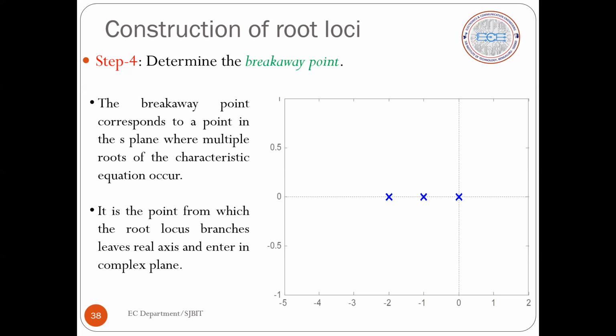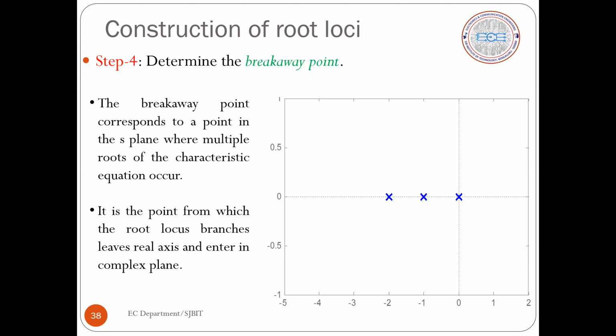The number of poles or number of zeros, whichever is greater, that many root locus exist. And we know that root locus always originate from the pole and end with a zero. If we have zeros in the transfer function, we say that root locus originate from the roots of the denominator and end with the zeros present in the numerator.